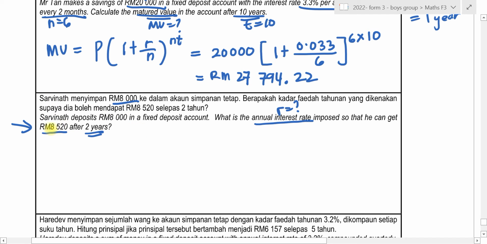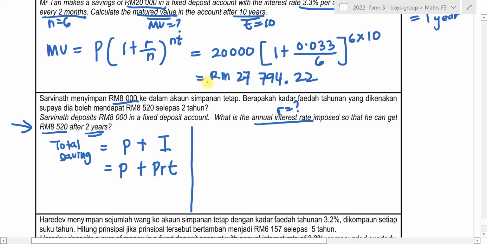Okay, we know the total saving is 8520. So total saving is equal to principal plus interest, which is equal to P plus PRT. Remember the simple interest formula? Now we try to substitute everything.